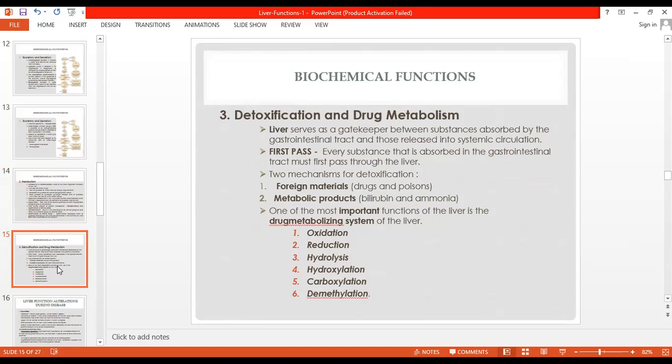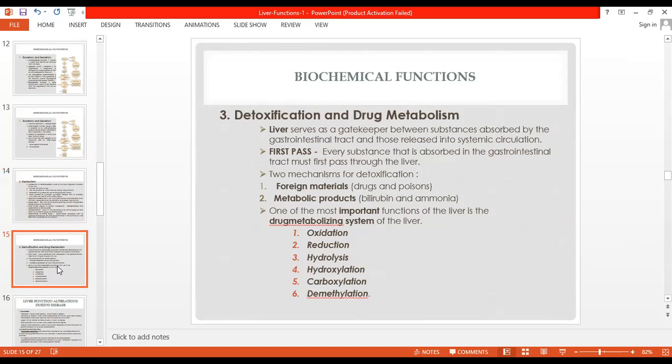So next we have the detoxification and drug metabolism. The liver serves as a gatekeeper between substances absorbed by the gastrointestinal tract and those released into systemic circulation. Every substance that is absorbed in the gastrointestinal tract must first pass through the liver.